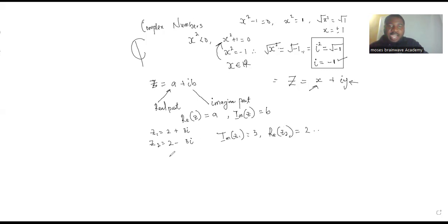I can add Z1 and Z2 together, and they give me 2 plus 2, which is 4, then plus i times (3 minus 3). So this gives me 4 plus i times 0. Automatically, the imaginary part here is 0, while the real part is 4. Fantastic.